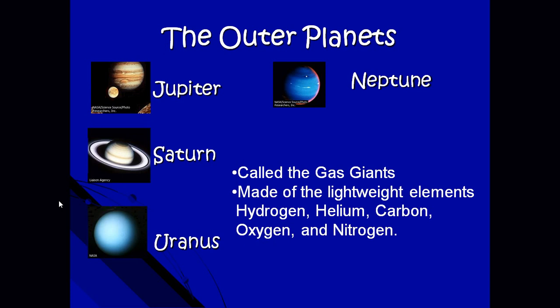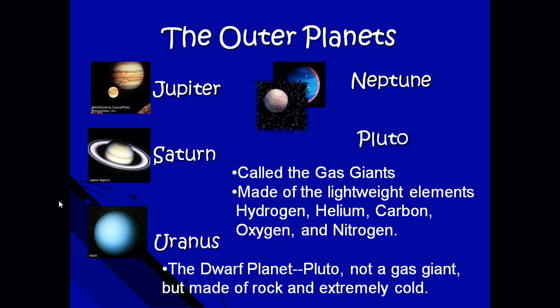These are called the gas giants, and they are made of the lightweight elements hydrogen, helium, carbon, oxygen, and nitrogen. So again, Pluto is not really a part of the planet system that we know of today, but this dwarf planet is made of rock and is considered to be extremely cold.